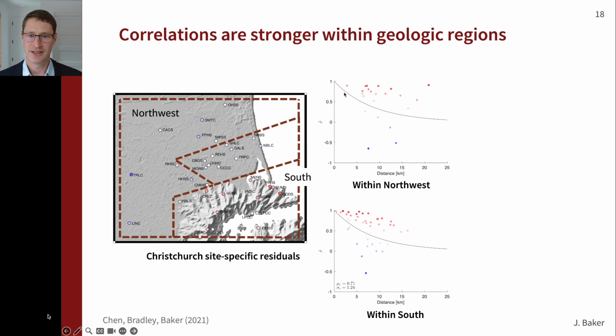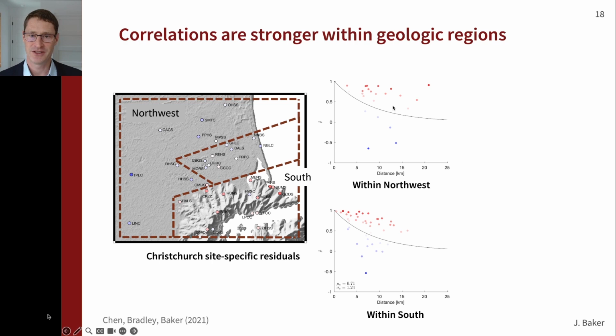The black line here is showing one of those stationary models where we just fit all the data and predict correlations as a function of distance. Each circle on this plot is a result from one pair of stations where both of the pair were in the northwest region. We estimate a correlation coefficient, and we know the separation distance between those two stations. So that's the x-axis value.